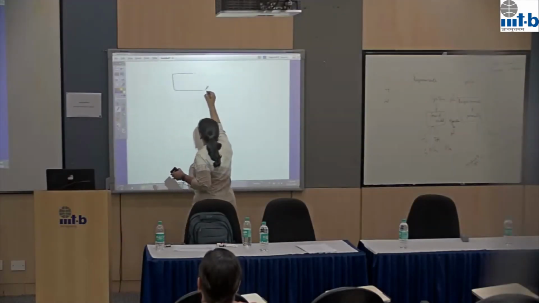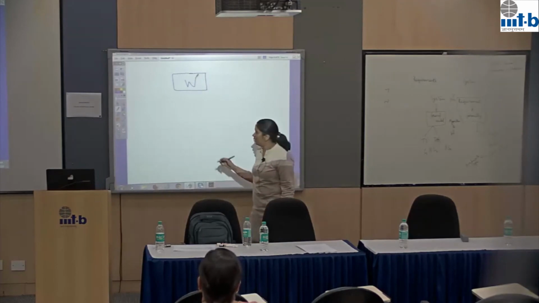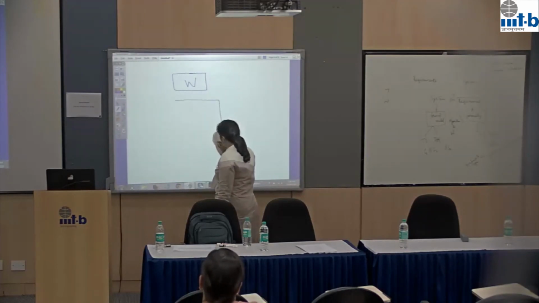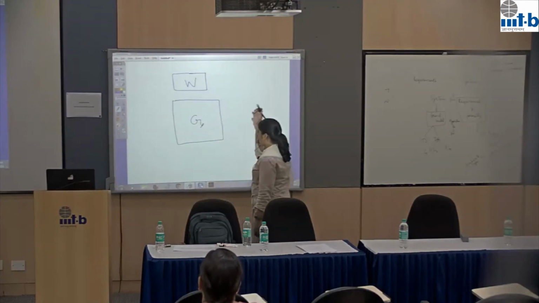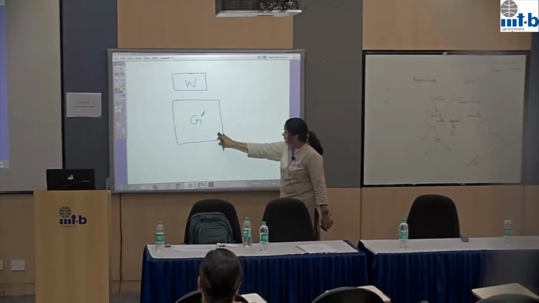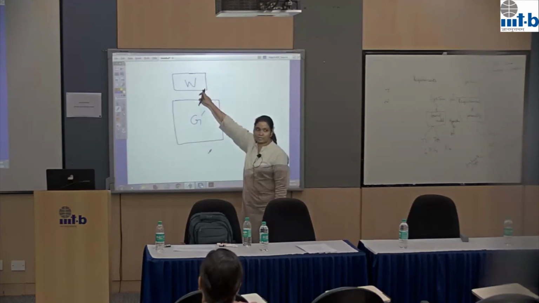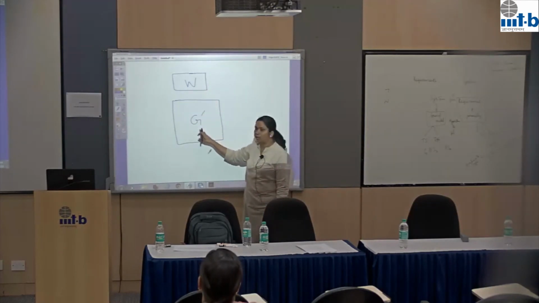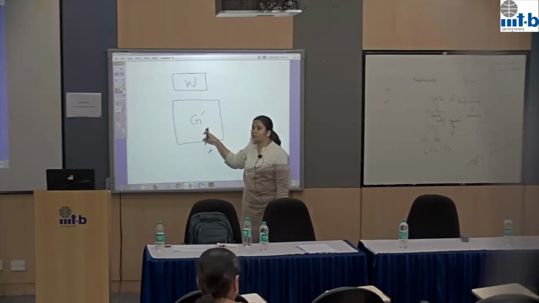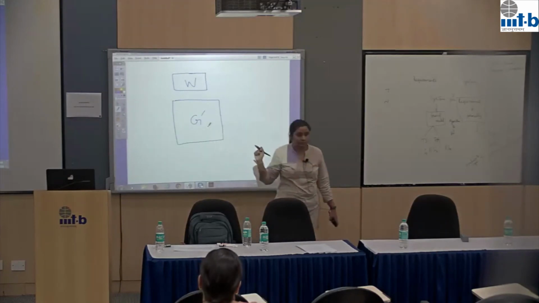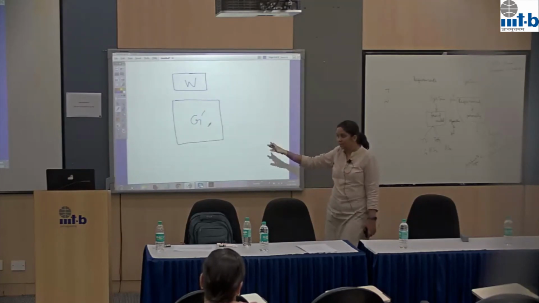We started with the solution W, which was an OCT of size k plus 1, and let's call the rest of the graph G prime. The entire thing was G, and G prime is G minus W. What do you know about G prime? W is an OCT, so G prime is bipartite, right?